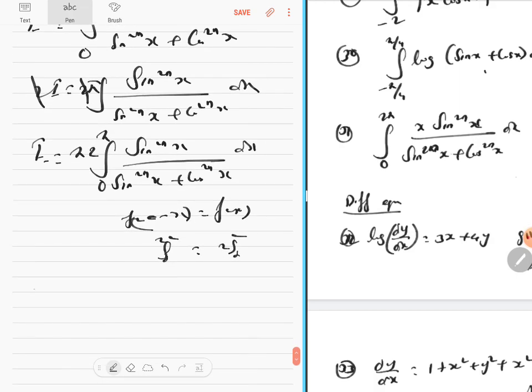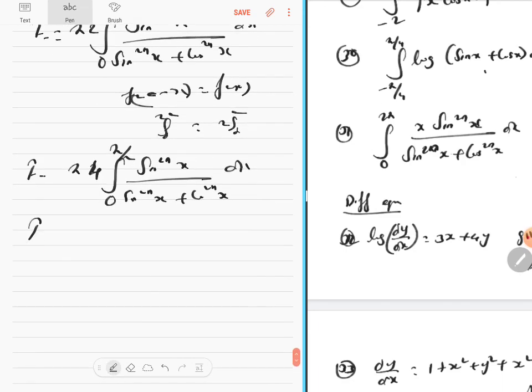So then I is equal to pi into, can I again do f of 2a minus x? Once again applying that, it will become 4 times 0 to pi by 2 sine to the power 2n x by sine to the power 2n x plus cos to the power 2n x. Now this is 4 pi. Now applying again f of x can be written as f of a minus x, it becomes cos to the power 2n x by cos to the power 2n x plus sine to the power 2n x.